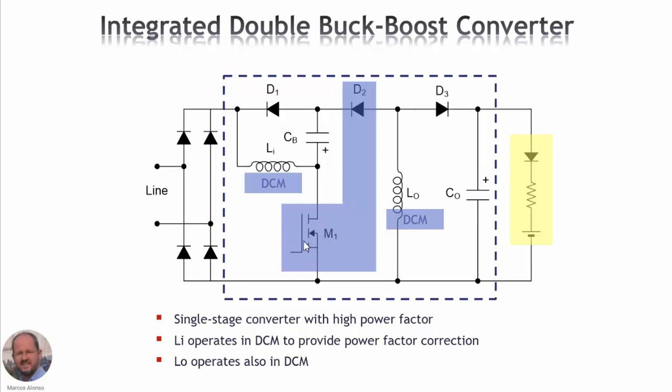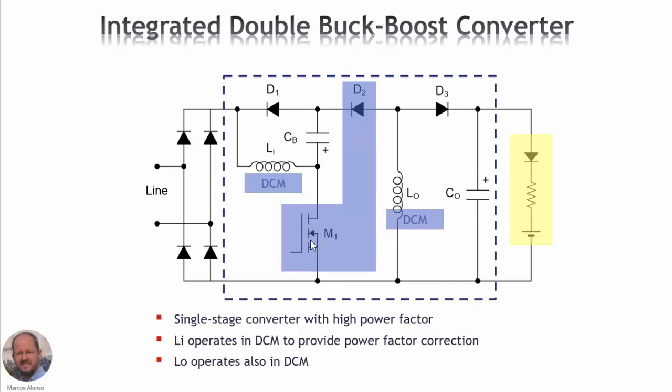So we are using only one switch, and we need to add an additional diode D2 here to implement the operation of both converters using only one control switch. So when the switch N1 is closed, we are charging the inductor LE in this way, and also we are charging inductor LO in this way here.